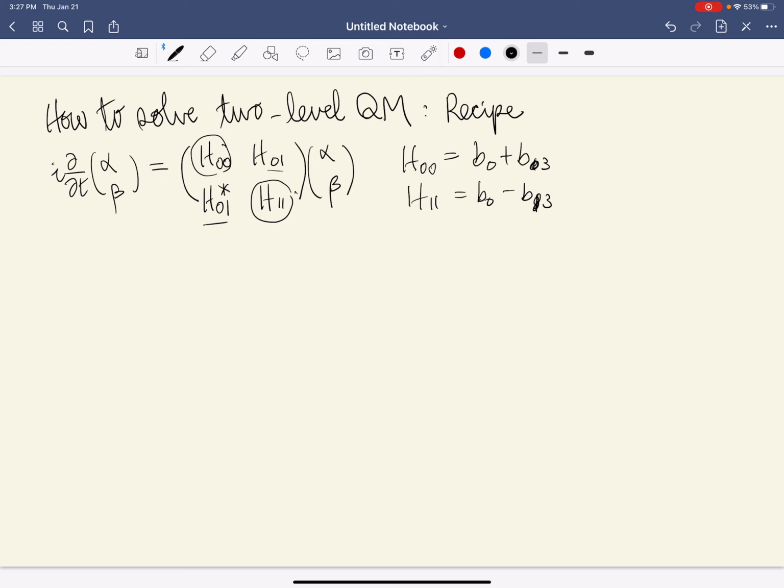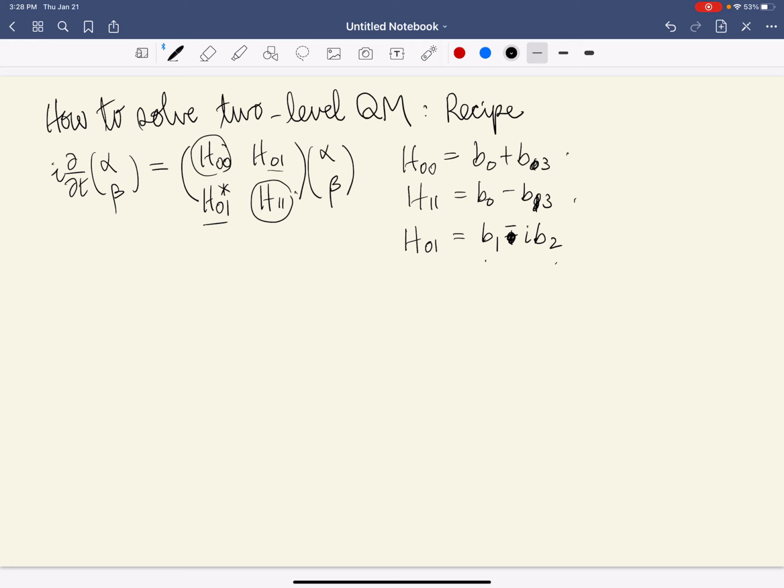And for the off-diagonal element, I'm going to introduce the following decomposition into a pair of real numbers, b1 and b2. And for some technical reason, I'm going to write this as b1 minus i b2 rather than b1 plus i b2.